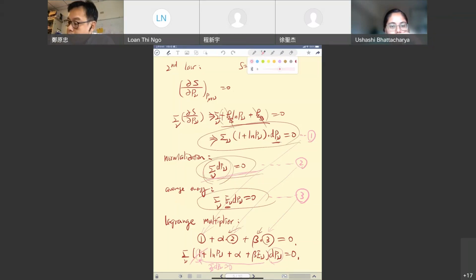And this equation is actually a set of equations. It's not a single equation, it's many, many different equations, which must be 0 for any arbitrary change in p. And for this to be satisfied, this part must be 0.